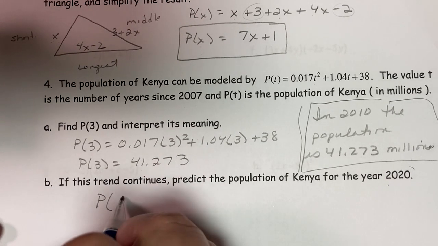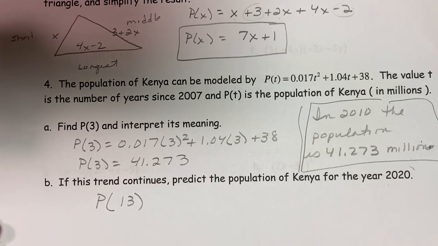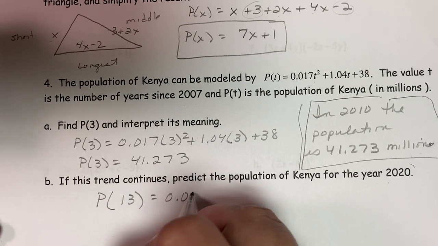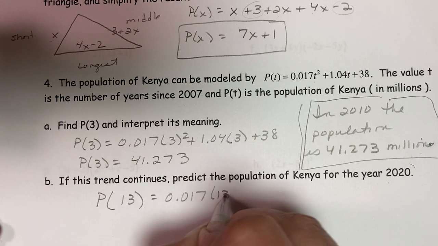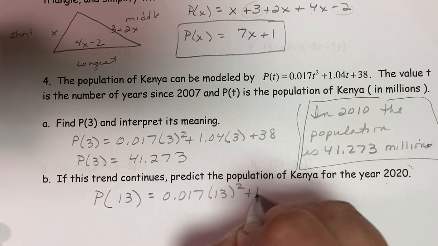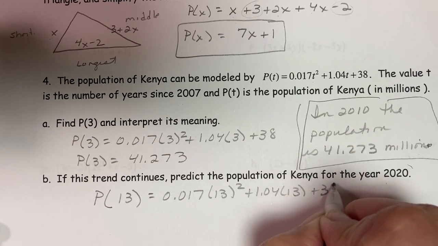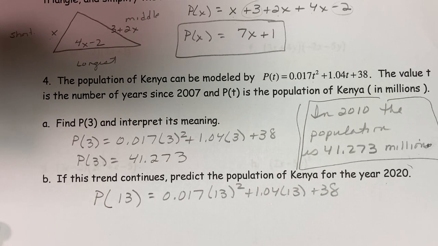Well, we are going to use 13. So if I plug that in, I'm going to get 0.017 times 13 squared plus 1.04 times 13 plus 38. So now let's go ahead and plug that in, and I'm going to do the same thing.